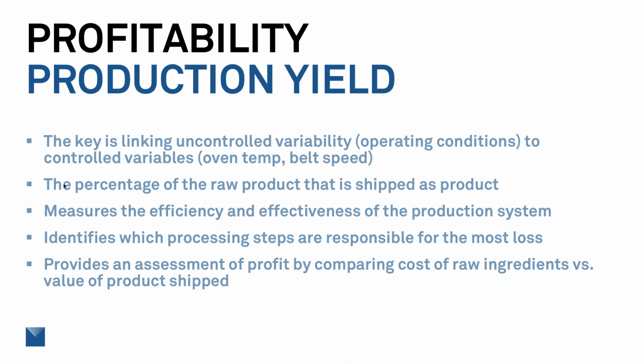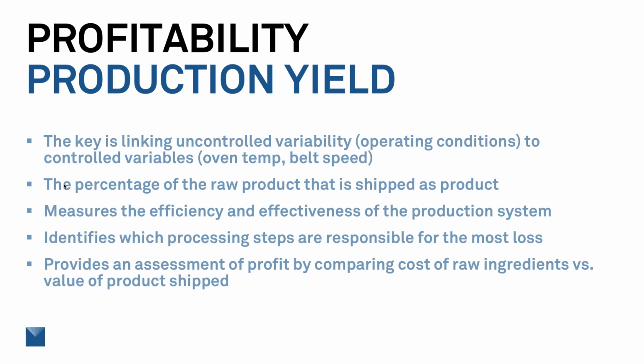And so production yield is a way to measure the efficiency and the effectiveness of the production system. And it's a way to assess whether or not changes or attempts to improve that effectiveness and efficiency are actually working. Are they making a difference? Are they actually translating into more profitability and more revenue?